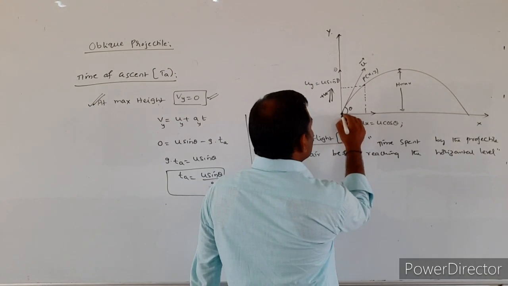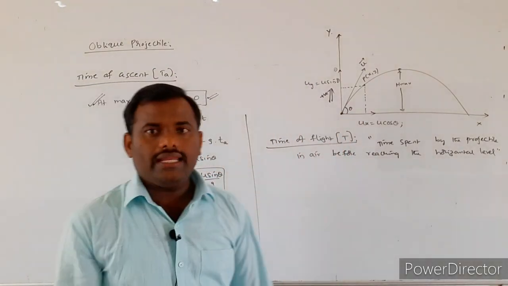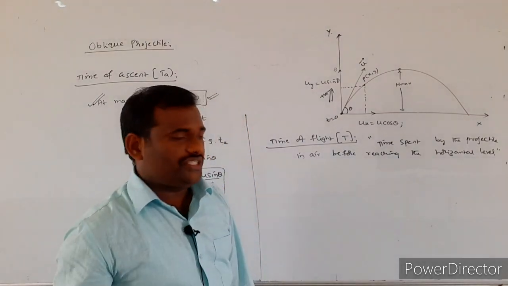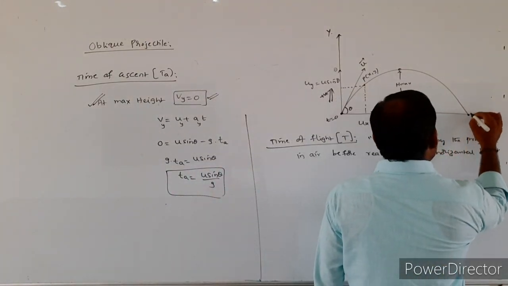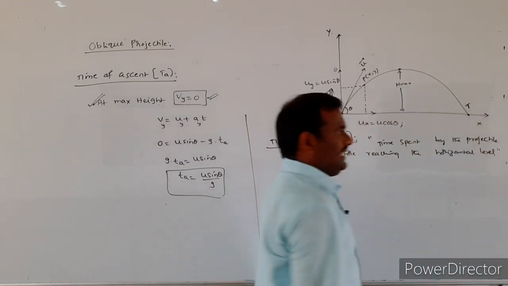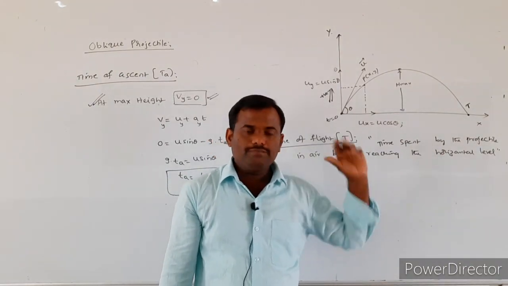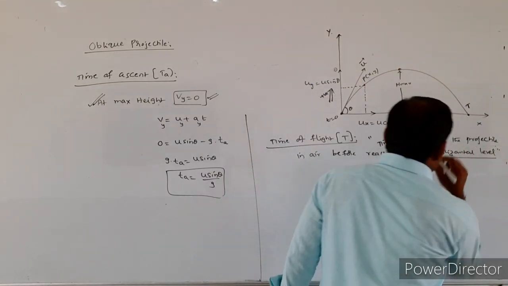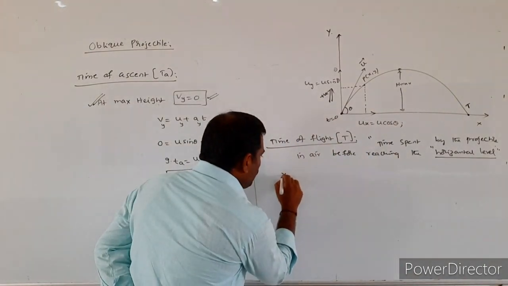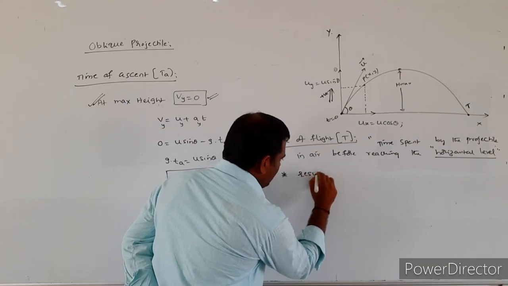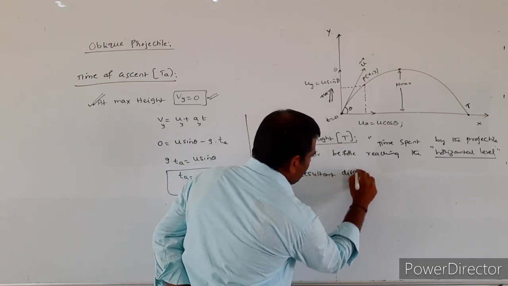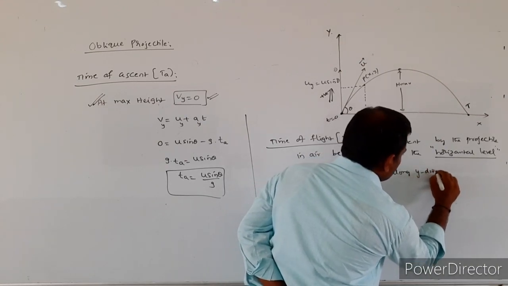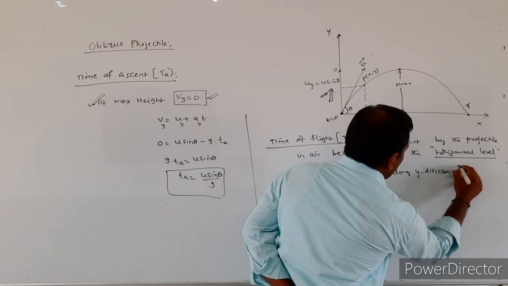Whenever the body is projected into the air, at t equal to 0 it is projected from the point of projection, and the time spent by the projectile in the air is T. Now, whenever the projectile reaches the same horizontal level, the resultant displacement along the y direction is equal to 0.